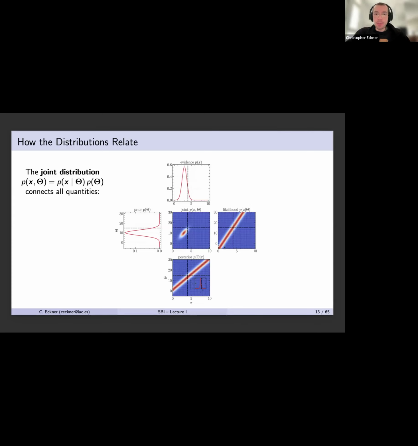This would produce this interesting looking shape, which is basically just a linear function in two-dimensional space. But if you slice this at each value of y, so the parameter value, you get a Gaussian. So each slice here is actually a Gaussian.